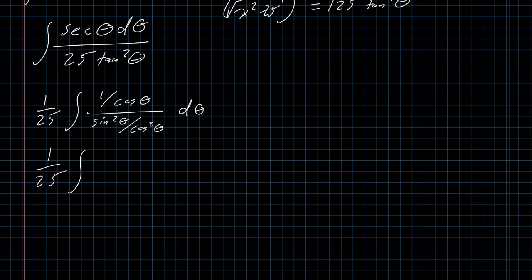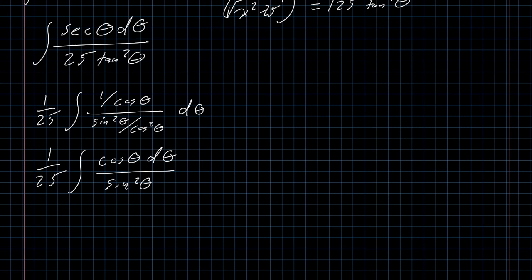And that actually helps. If I multiply numerator and denominator by cosine squared, I get cosine theta d theta over sine squared theta. I can do something with that.